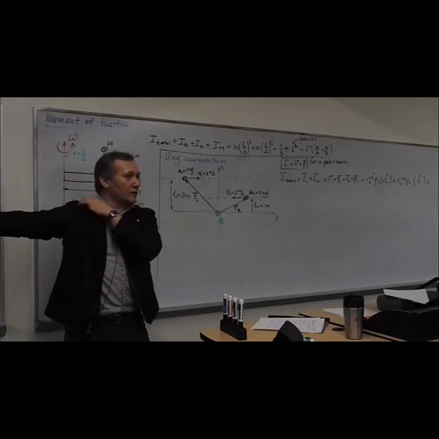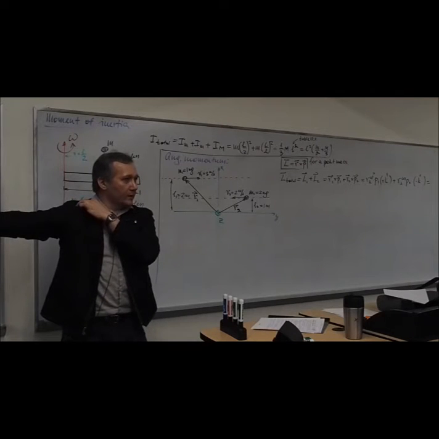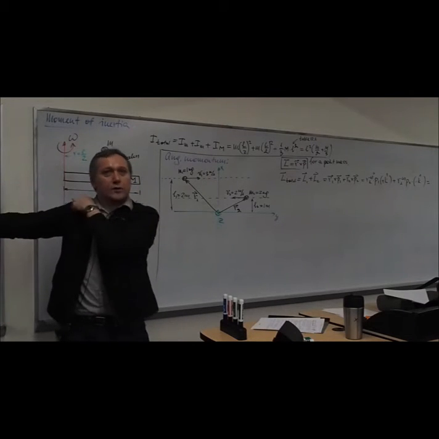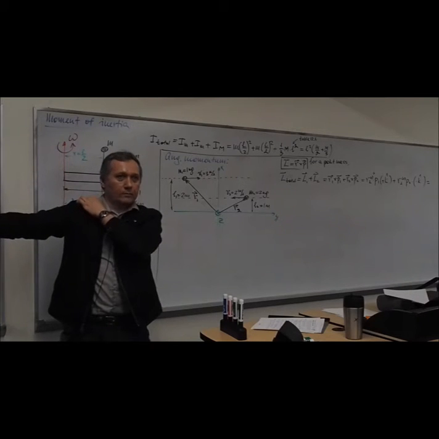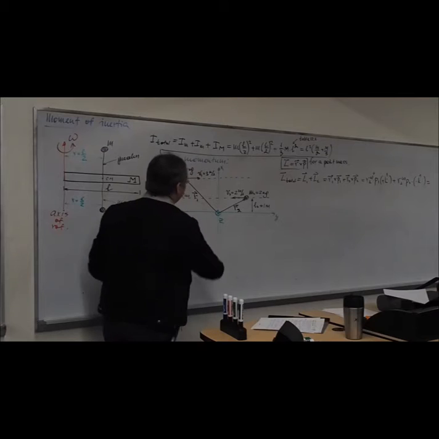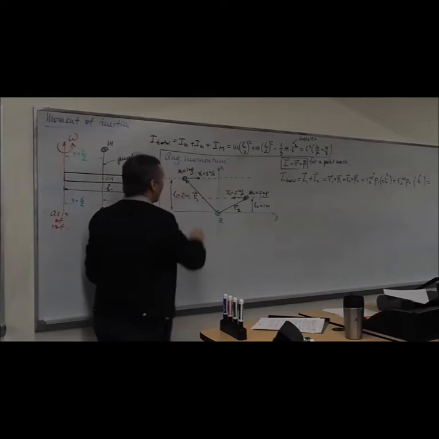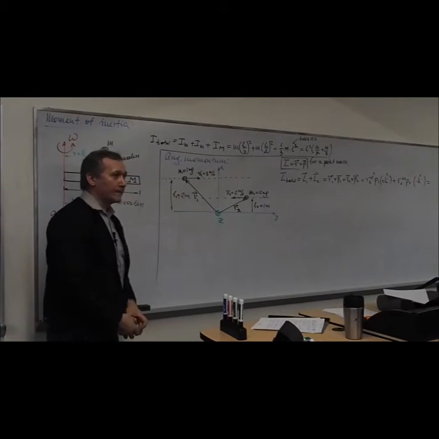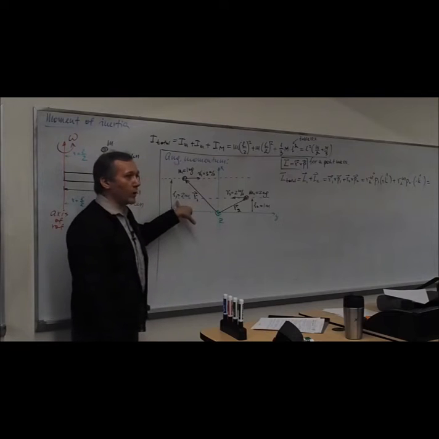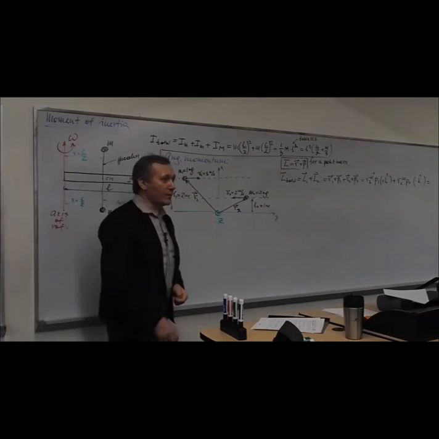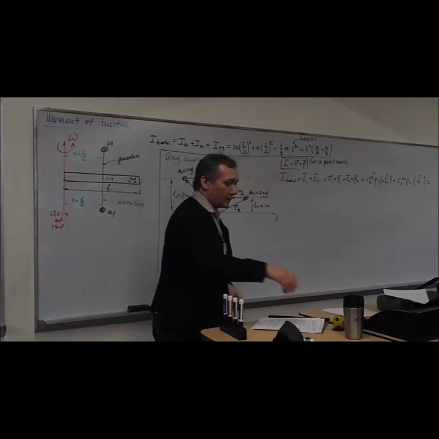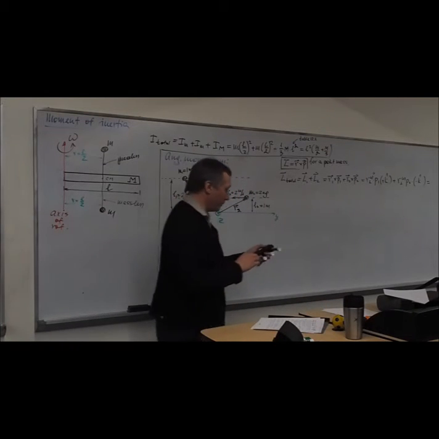Here I position the origin, so this distance is the shortest distance between the line of motion and the origin. Here's my shoulder, here's the ball moving this way. So we need to use just L1. So linear momentum times L1 will be the magnitude of the angular momentum.